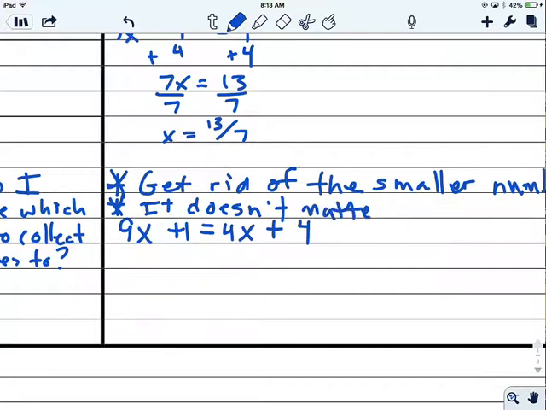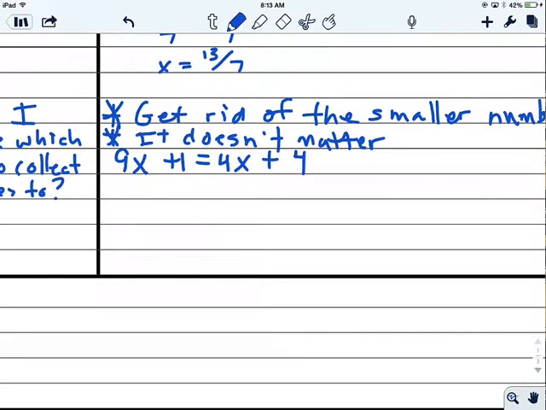This is just a rule of thumb. I'm just going to look at these two numbers and decide which one's smaller, 9x and 4x. Well, 4 is smaller than 9, so I'm going to get rid of the 4x. I'll take away 4x to get rid of the positive 4x, and you end up with 5x plus 1 equals 4, and you can solve it from there.